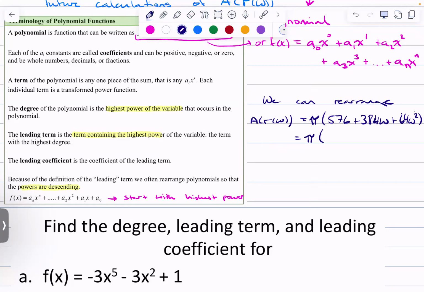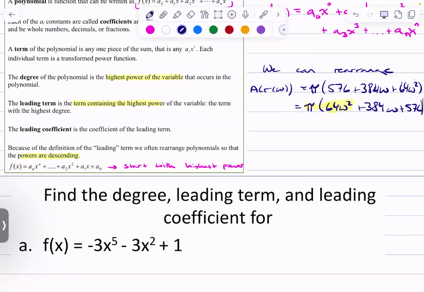I'll keep the pi on the outside. 64w squared plus 384w plus 576. This then is my, well, actually, technically times pi is my leading term.